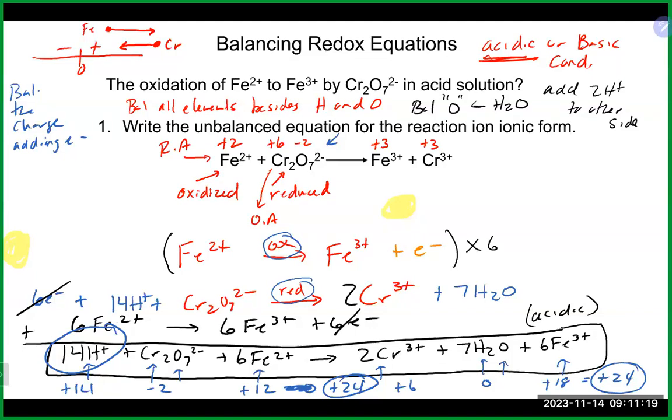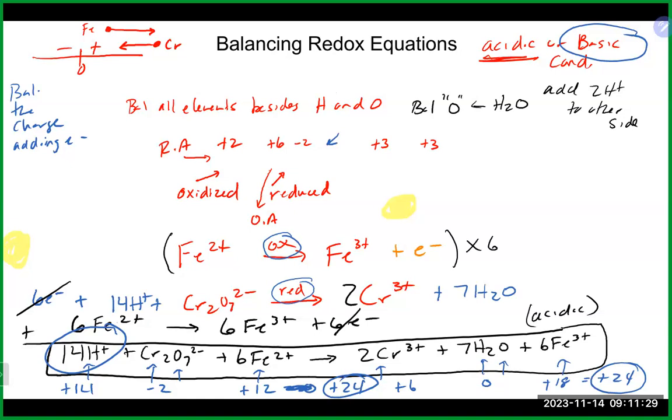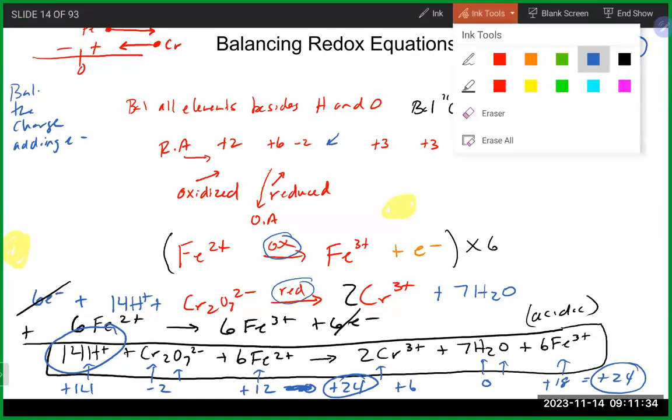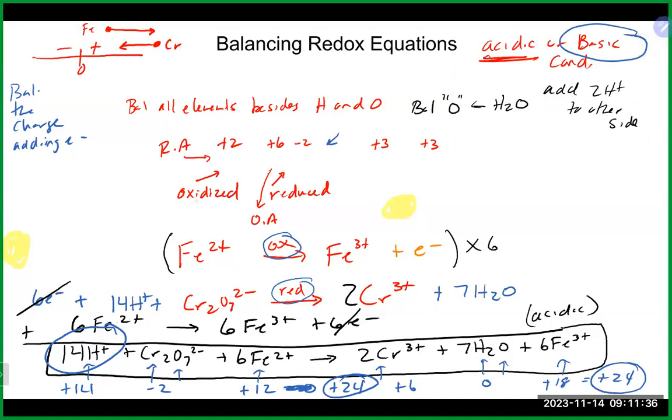So if we were going to do this one now in basic conditions, I would do, as I mentioned, pretty much everything we just did to get to the acidic conditions. Where I would pick it up is at the end here with our balanced equation in acidic conditions. So I grab some room here.